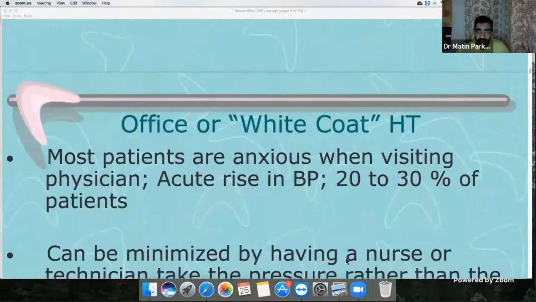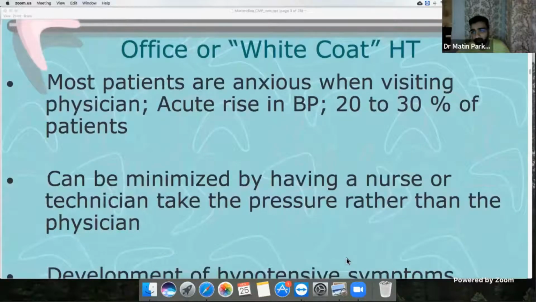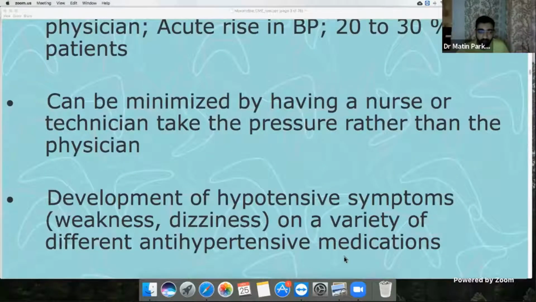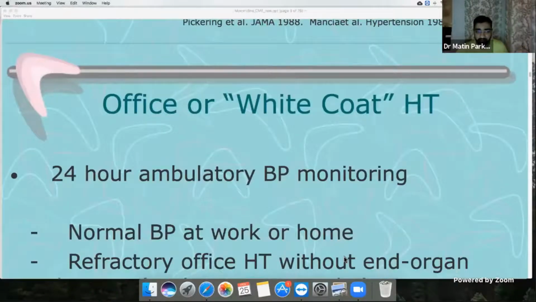Next is most commonly office or white coat hypertension. What is this white coat hypertension? Whenever the patient comes to a hospital and the doctor checks the blood pressure, usually the patient becomes anxious and blood pressure shoots up. That is called white coat hypertension.